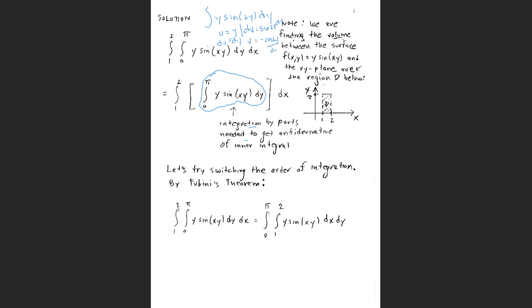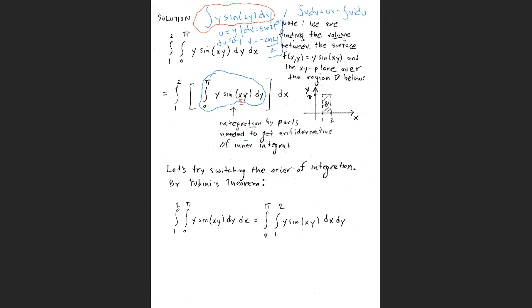And then you would do integration by parts: the integral of u dv equals uv minus the integral of v du. Does that help refresh your memories a little bit? Good. So this x, with respect to the inner integral, is a constant. It's really no different than this integral here.